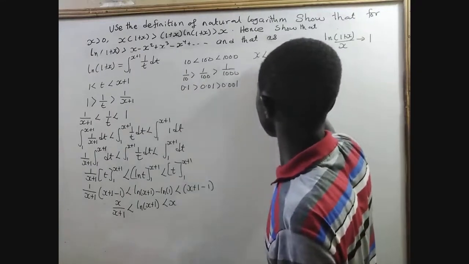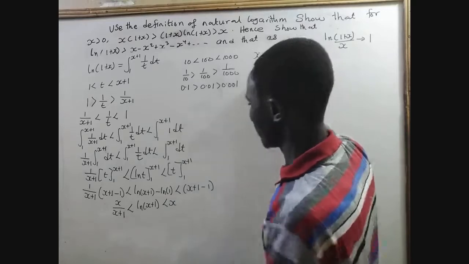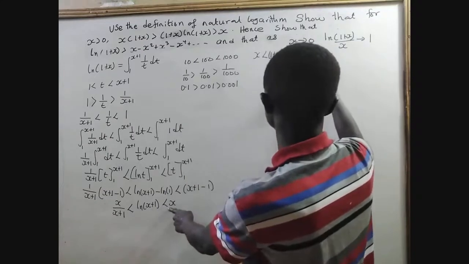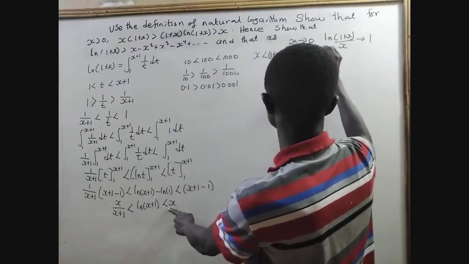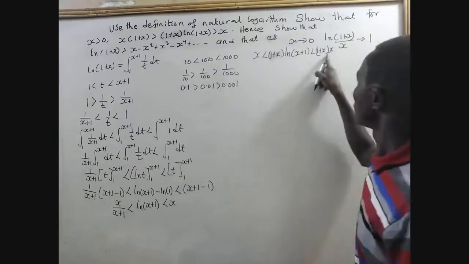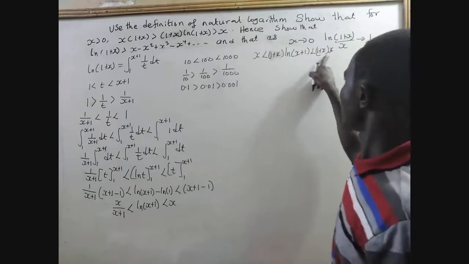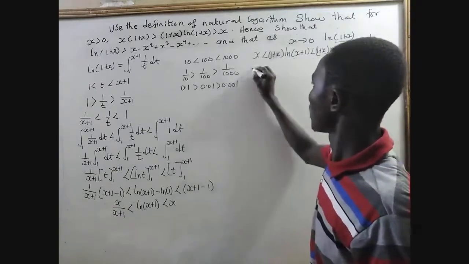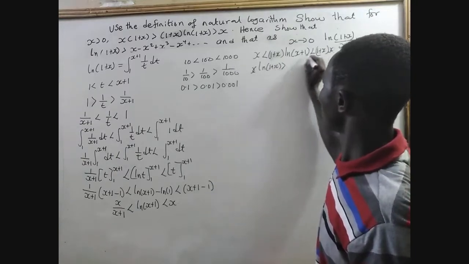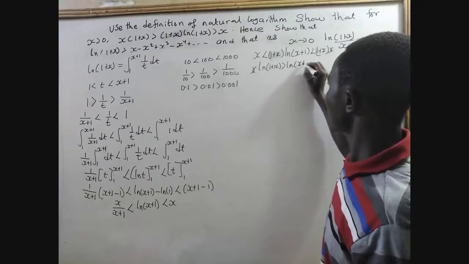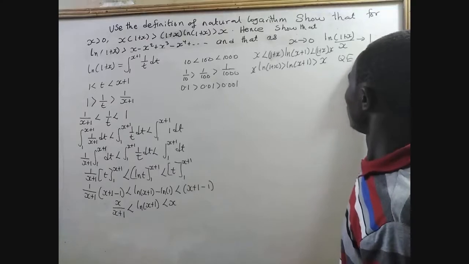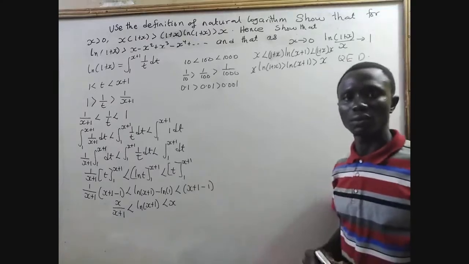So x plus 1 is the same as 1 plus x times natural log of x plus 1, less than 1 plus x times x, as we have there. So let's arrange this. This is bigger, followed by this, then that. So we have 1 plus x times natural log of 1 plus x is bigger than x, and that is to be shown.